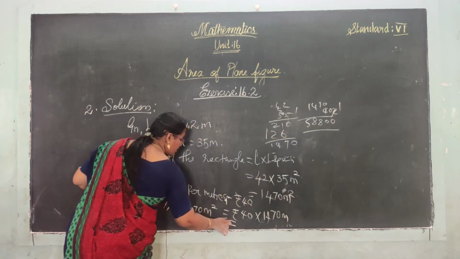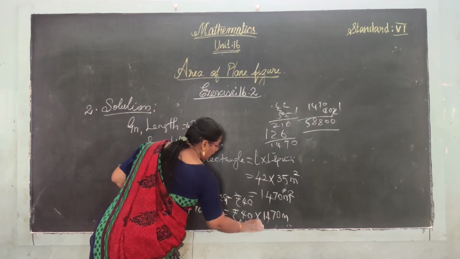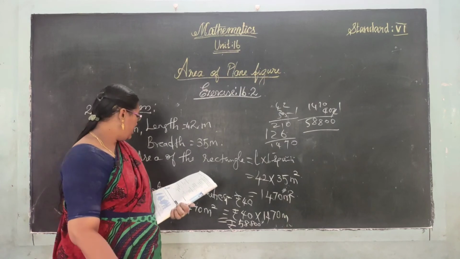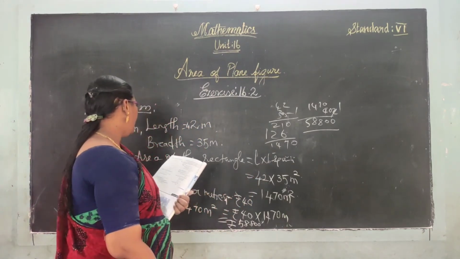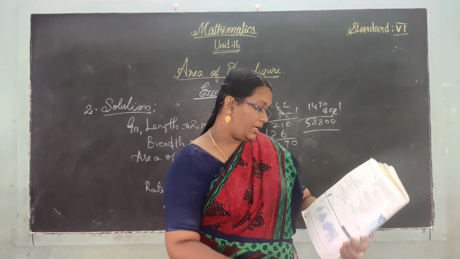Okay, so rupees 58,800. Okay, that's it. So the cost at the rate of 1470 meters square is equal to 58,800.